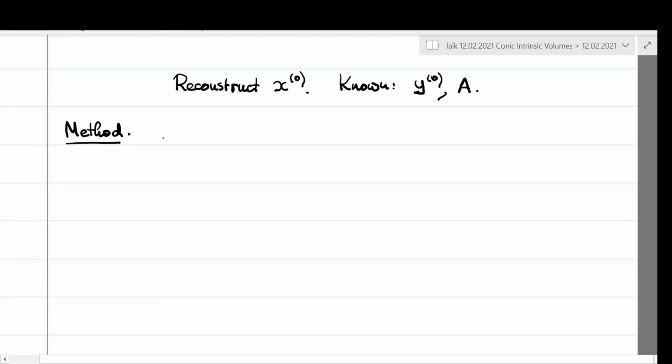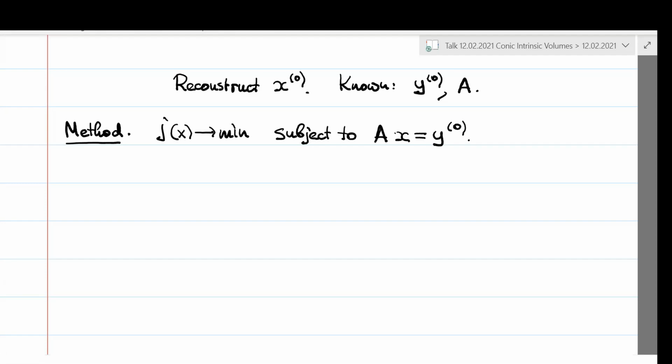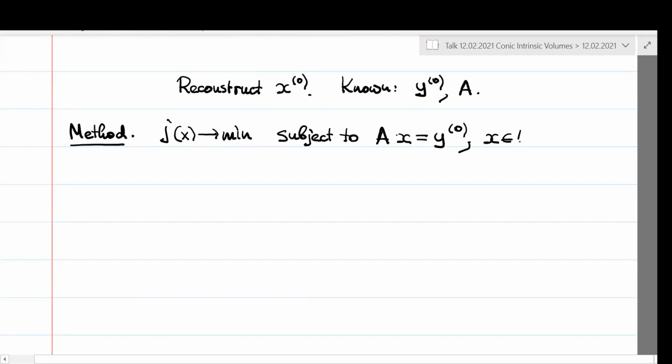One takes any function of x and tries to minimize it subject to the following conditions. Subject to the condition that x is a preimage of y0. So we take all preimages of y0, call them x, and impose this condition. Also, we impose the condition that all the coordinates of this preimage are non-negative. And then we try to minimize some function of this preimage.